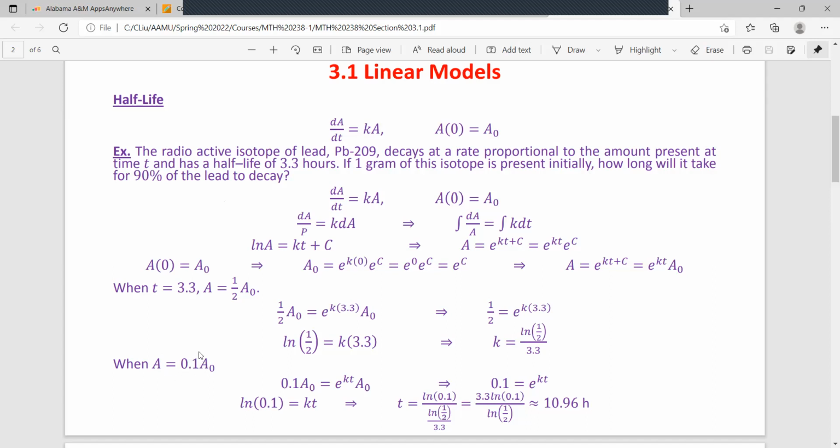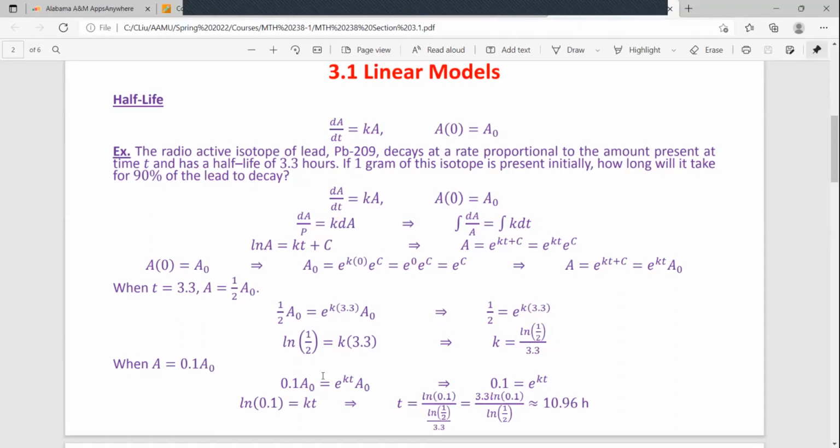So we want to know when A becomes 10% of A0, or 0.1 A0, what T is. Does it make sense? Just plug in 0.1 A0 for A and natural log of 1/2 over 3.3 for K. Then we can solve for T.